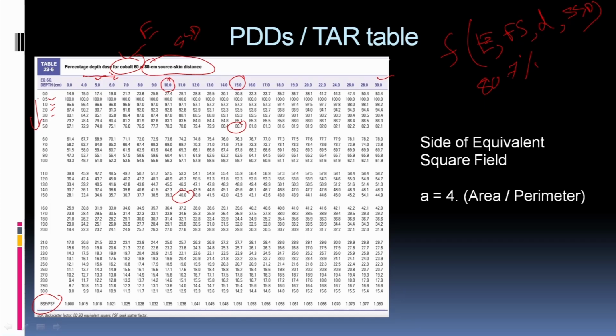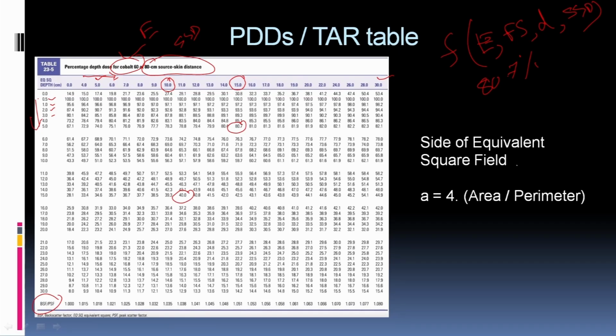It may be rectangular, sometimes we shield some portion of the field, and sometimes we use very complex and very irregular fields. So there is a formula to find the equivalent square field. Every rectangular field requires us to calculate the equivalent square field, and we need to calculate one side of the equivalent square field.